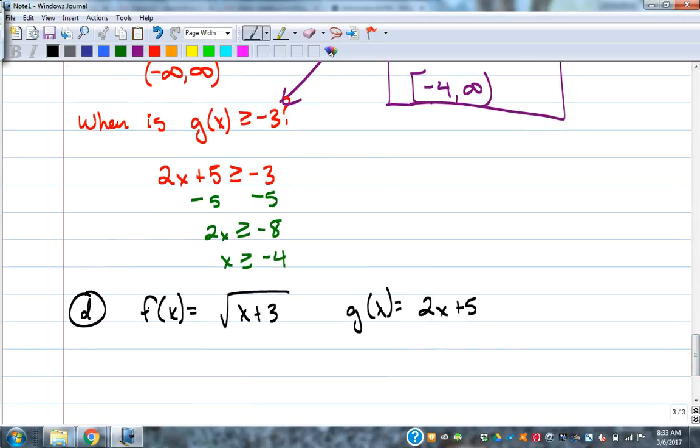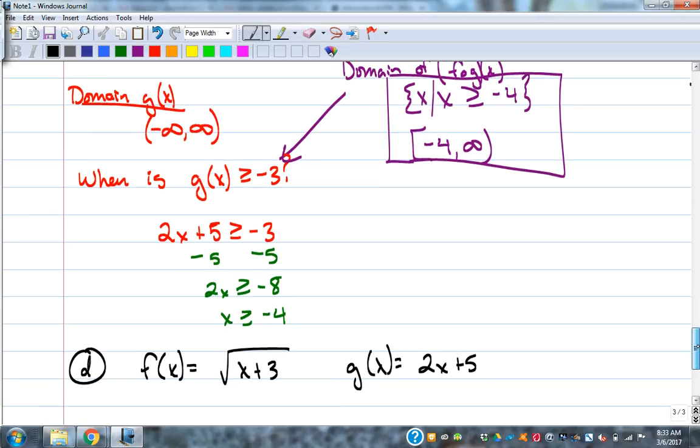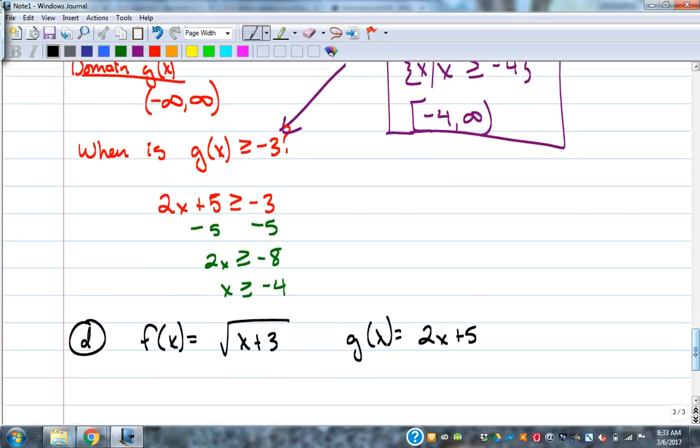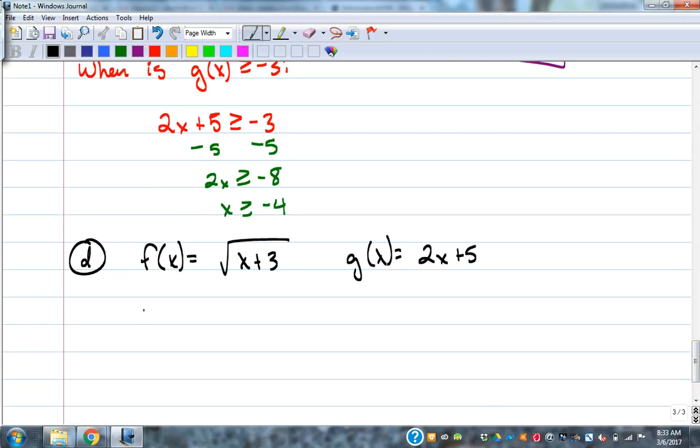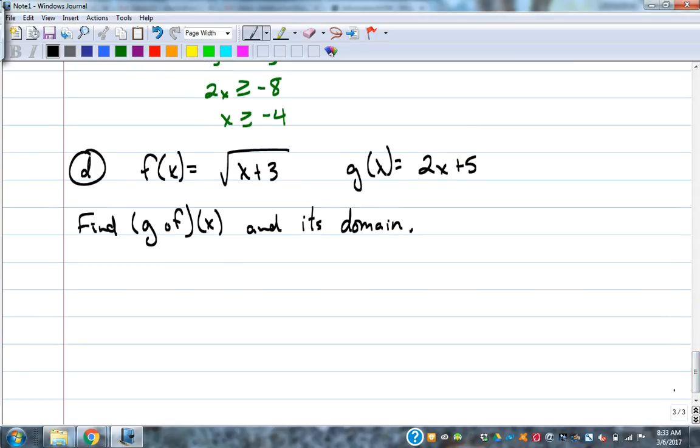And let's do the other direction. Let's find g composed with f of x and its domain. So we're going in the other direction.